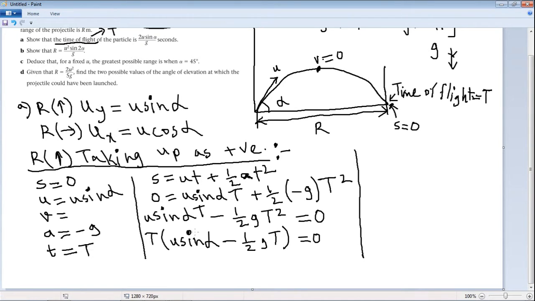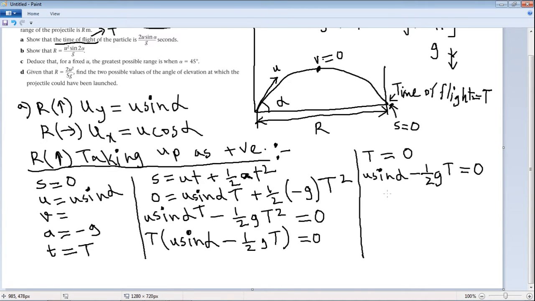So here we can write t is equal to 0, and u sin alpha minus half g t is equal to 0.